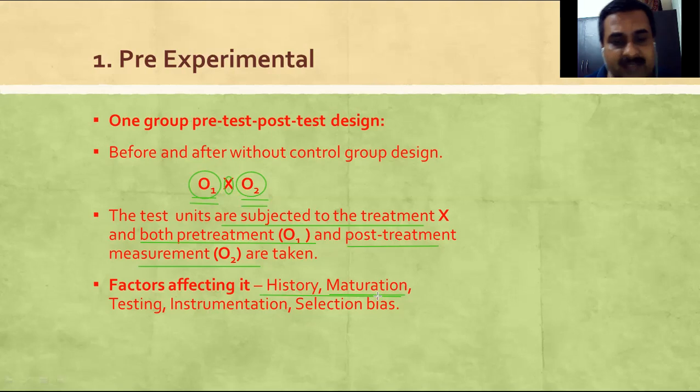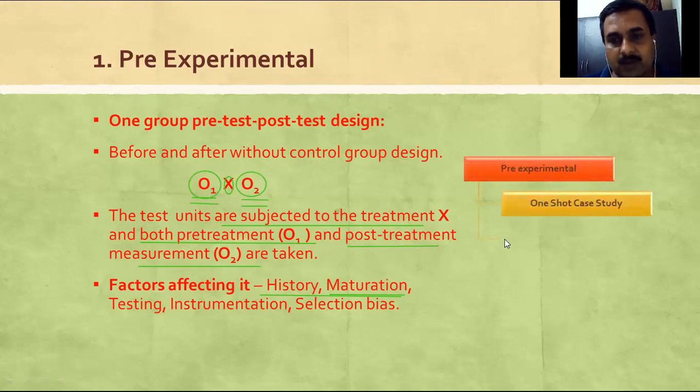So as people spend more time with the organization, due to their maturation, due to their experience, their sales performance will also go up. So these are history, maturation, and other testing, instrumentation, and selection biases. These are the factors which influence your sales performance. So these are the basic factors which influence your sales performance or your research result.